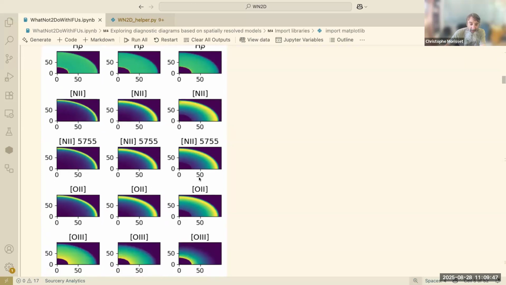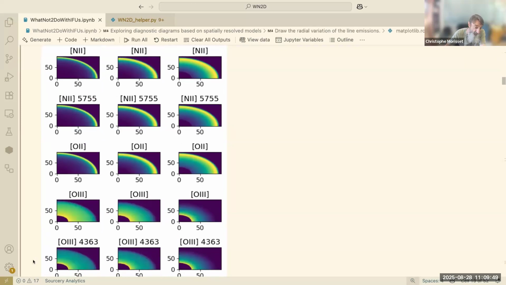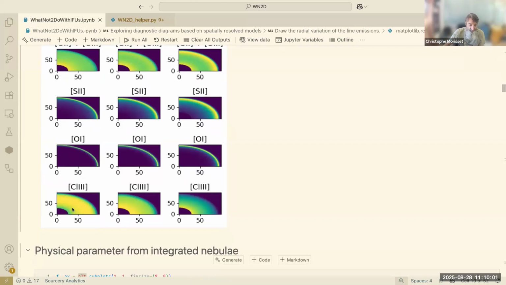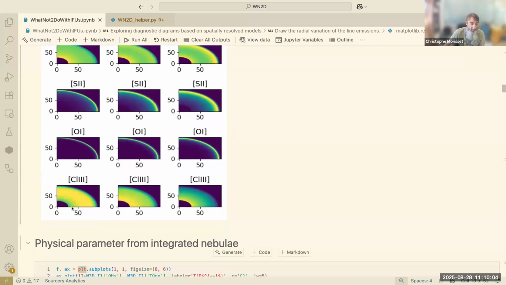And the contrary for O++, obviously, O3. O3 is more important in the left column, where the metallicity is lower and so the ionization fraction is higher. This is 100 by 100. It can be more, but it's enough to have a good resolution to play with.